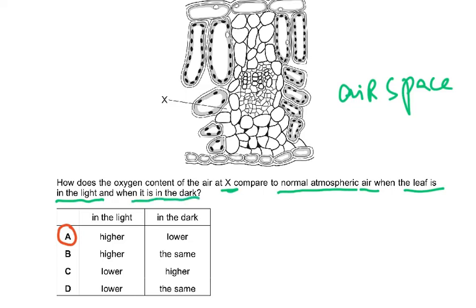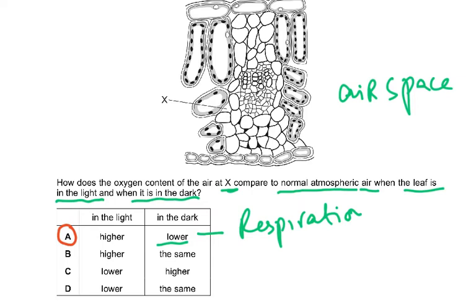So in the light, the oxygen content will be higher, and in the dark, it will be lower. Why? Because the oxygen in the dark will be used for respiration. In the dark, the oxygen will be less. Why? Because it will be used for respiration.